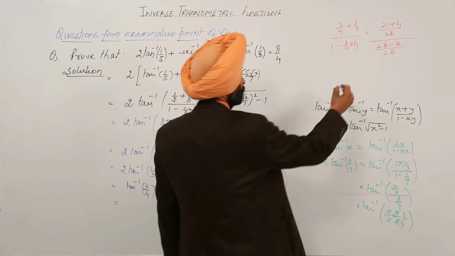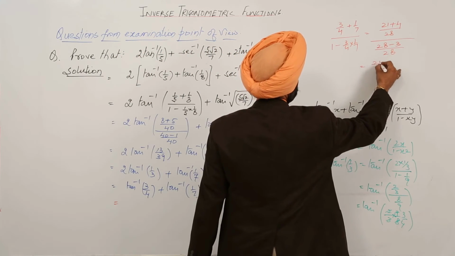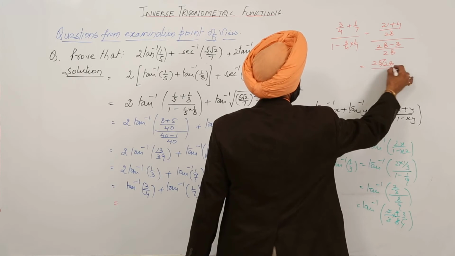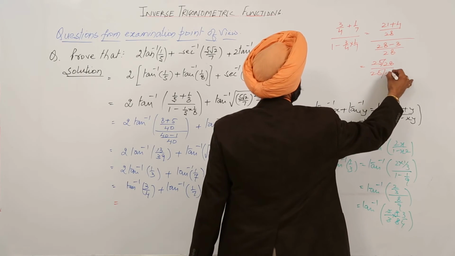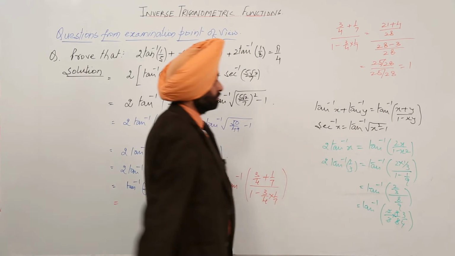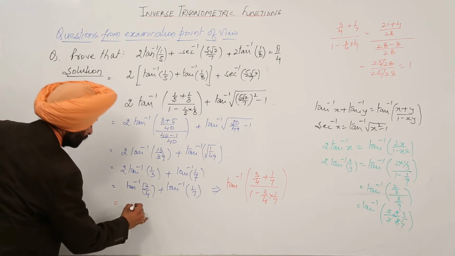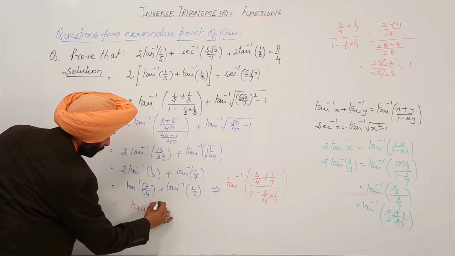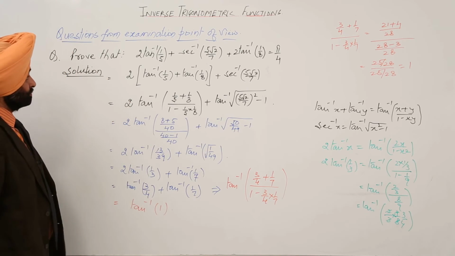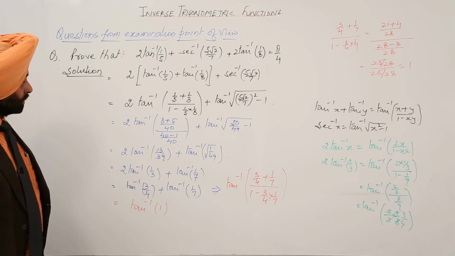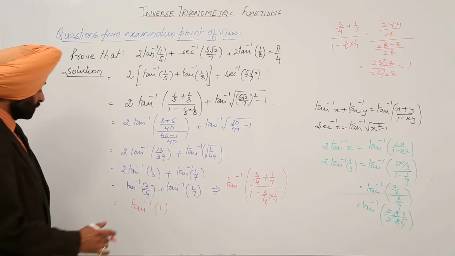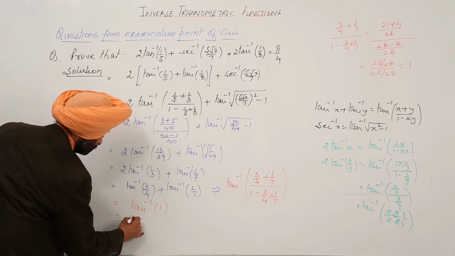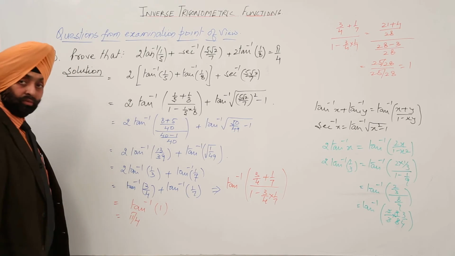Okay, so basically we are having 25 upon 28 over 25 upon 28, and this is 1. So we can write this is equal to tan inverse 1. Tan inverse 1 is what? This is equal to pi by 4.